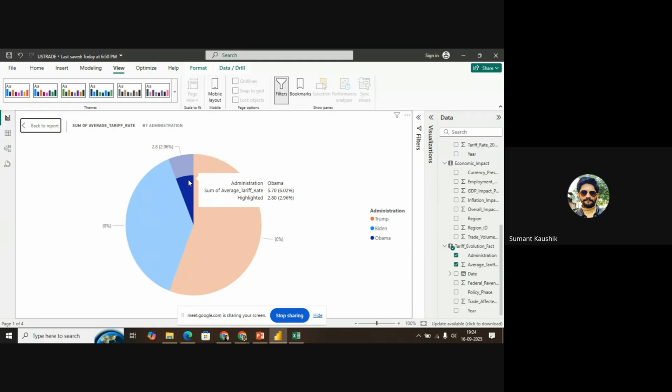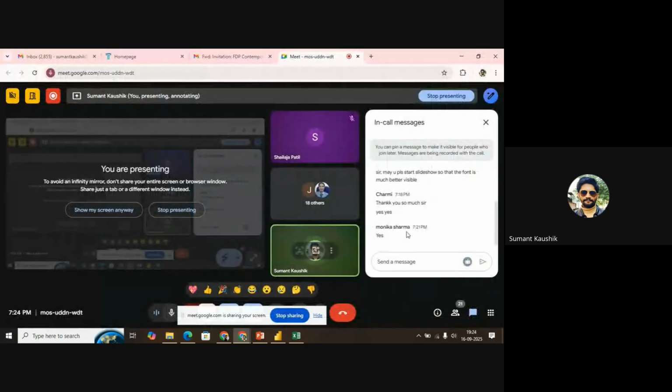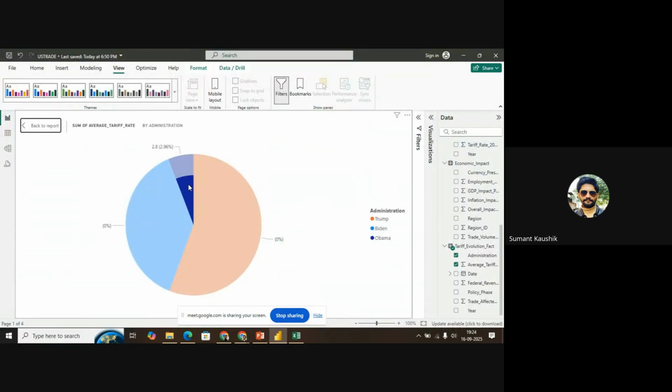Is that clear to everyone? This was 2015. 2.8, that is almost 2.9. I hope everyone got it. Sure. So this was the Obama administration, 2.8%.